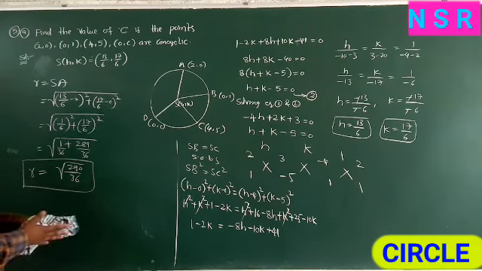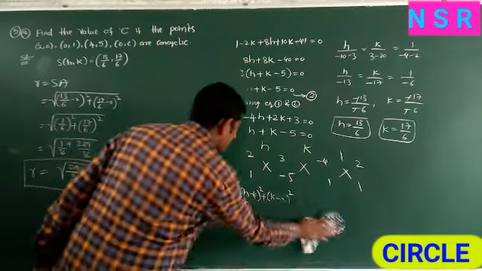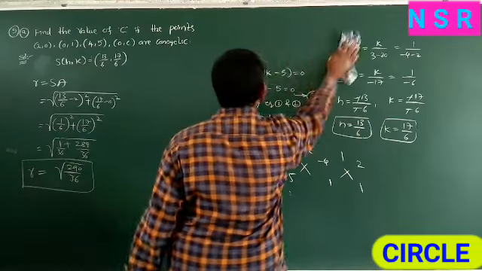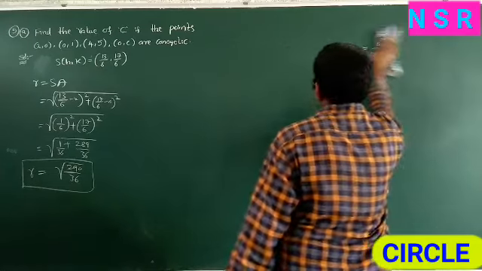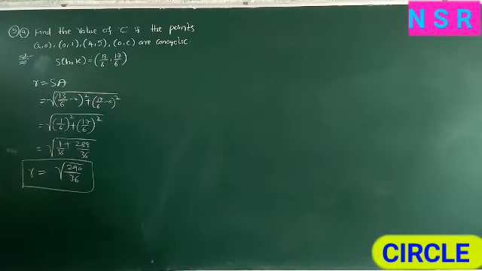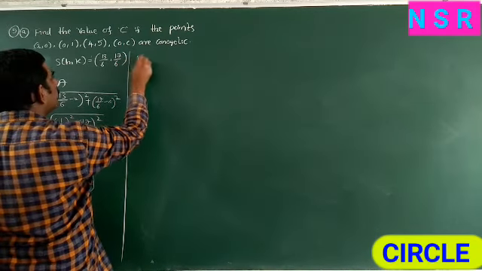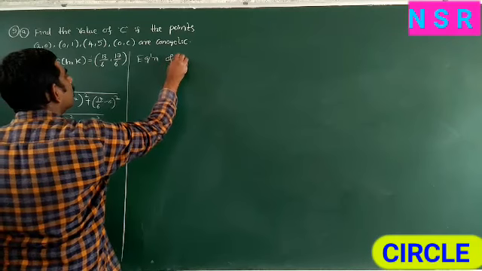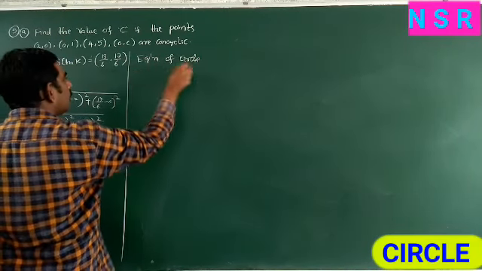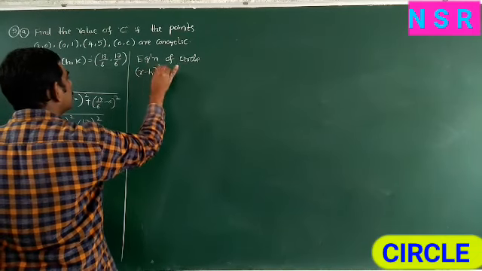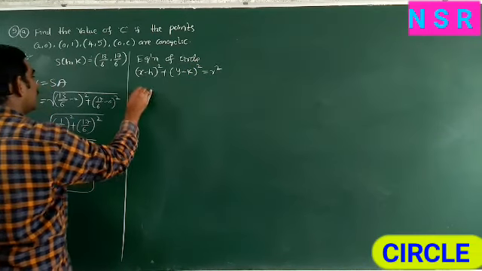Now find the equation of circle. The equation of circle is (x minus h) whole square plus (y minus k) whole square equal to r square.